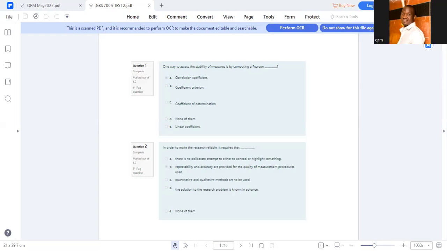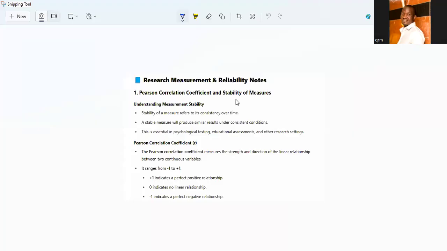We use what we call the Pearson's correlation coefficient to measure the strength of the relationship, and also we have what we call stability of measures. For those of you who missed that class, we will briefly elaborate to get in tune.